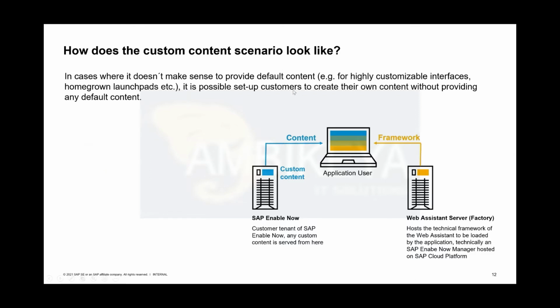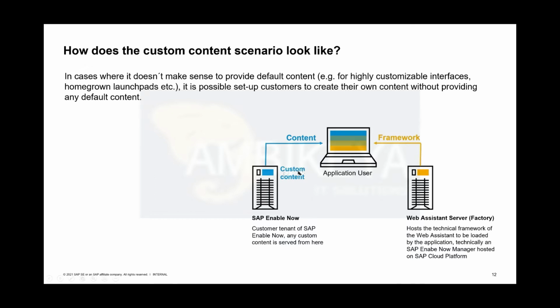The custom content scenario, again, is pretty simple in comparison because there's only one server involved. There's no standard content. The customer decides to use Web Assistant for, let's say, a homegrown Fiori Launchpad, a homegrown cockpit that consolidates certain homegrown apps for whatever purpose.